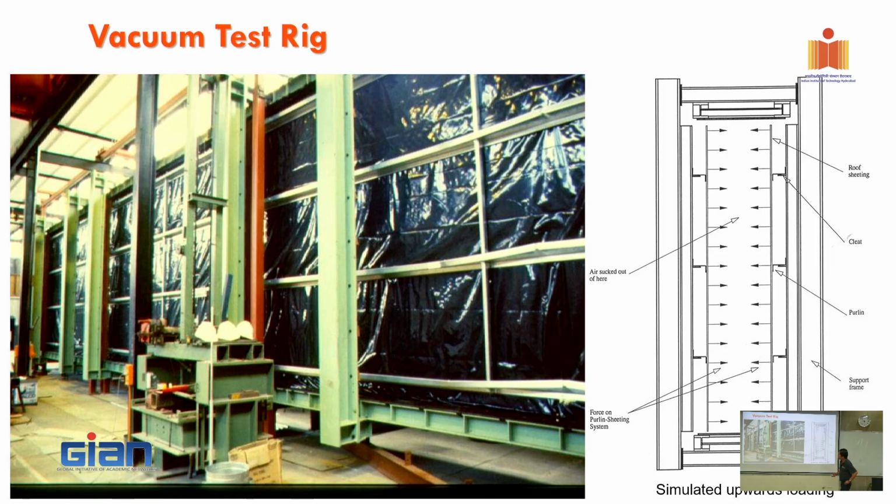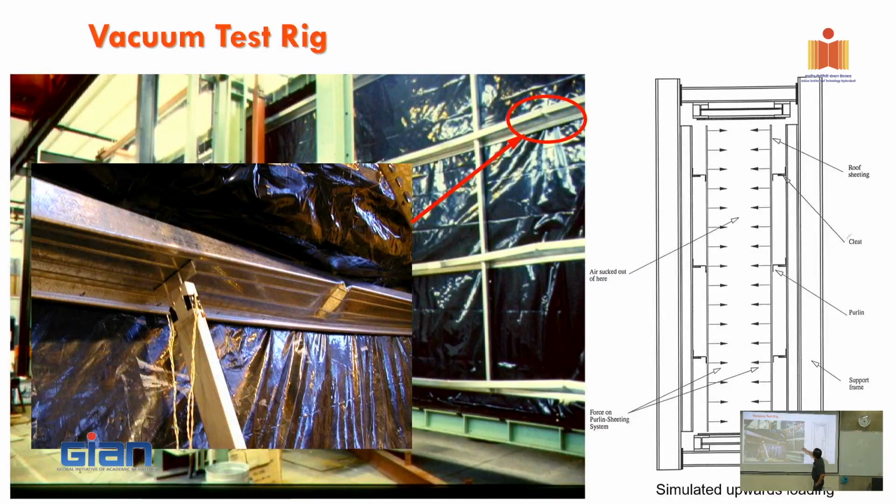Okay. Now, this failure mode is local buckling. It's hard to see, but I zoomed it up. You can see it's sucked in, so the bottom flange is in compression, and it buckled in local buckling. That's easy. Do you remember the one that we talked about last time?